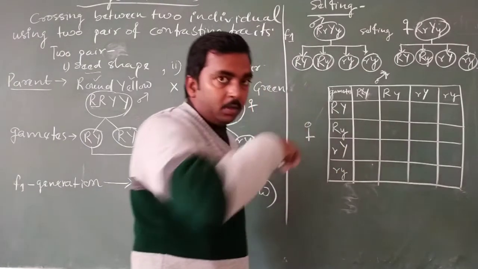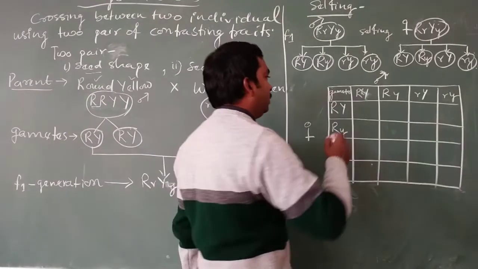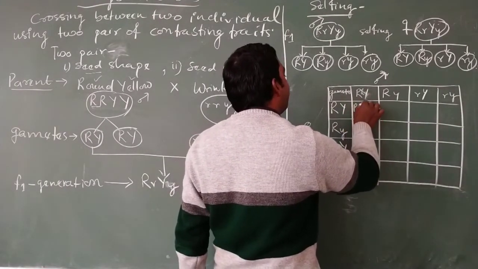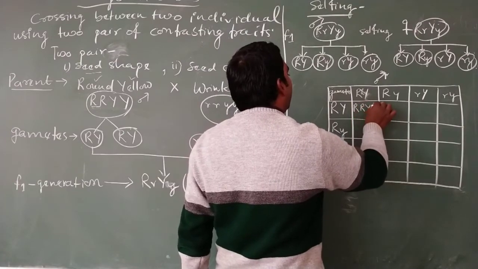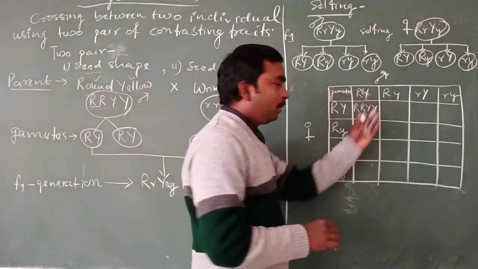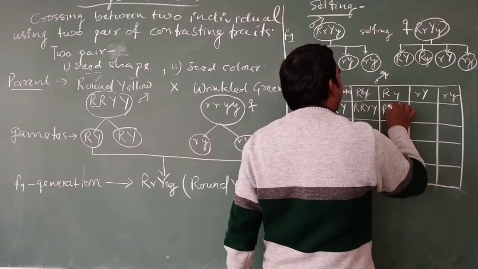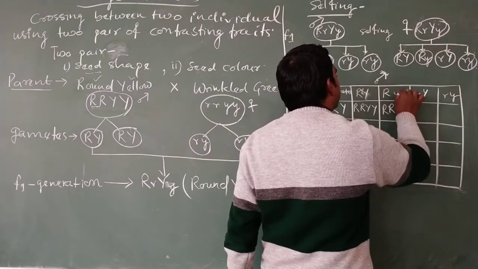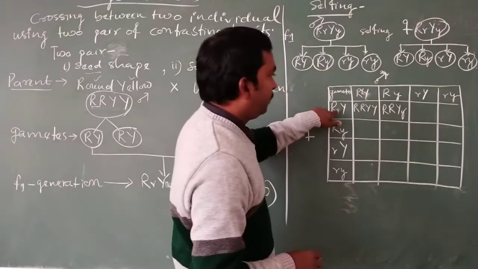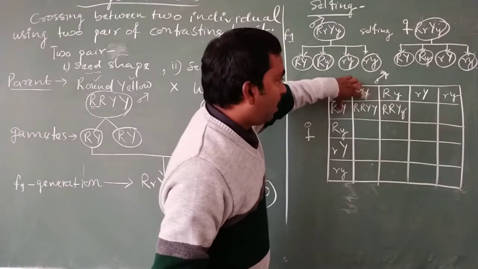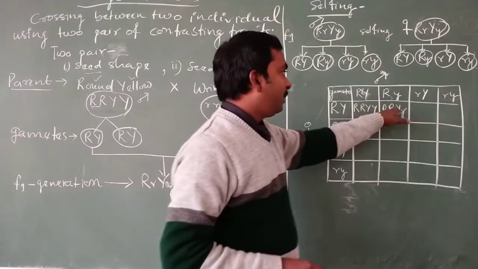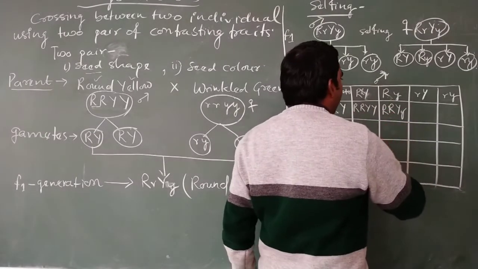So if we do the process of fusion, the first possible product will be capital R, capital R, capital Y, capital Y. Then the possibility for capital R capital Y, and capital Y small y. If these 2 gametes unite, the product will be capital R, capital Y, small y.